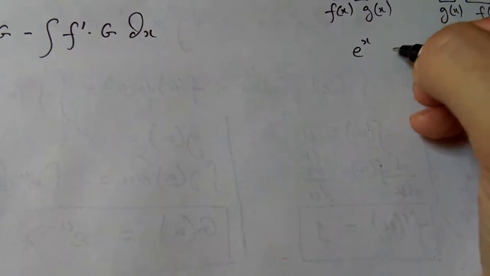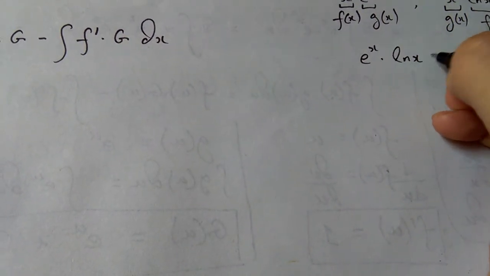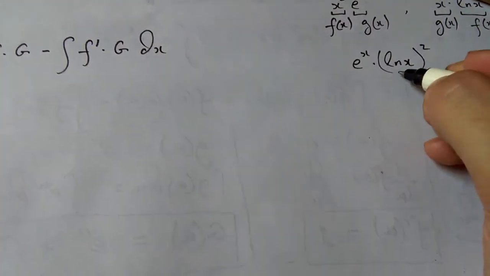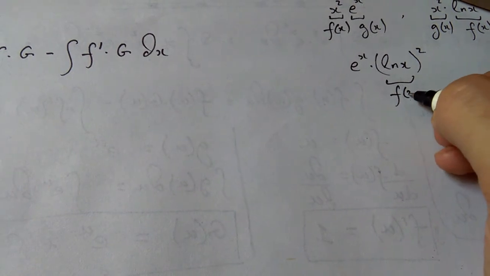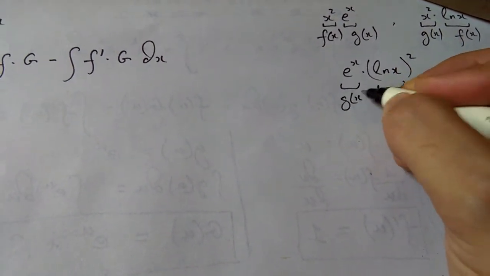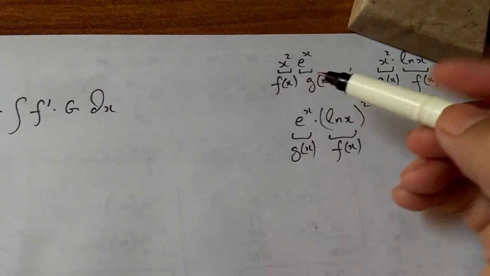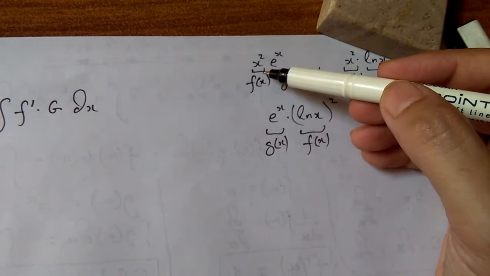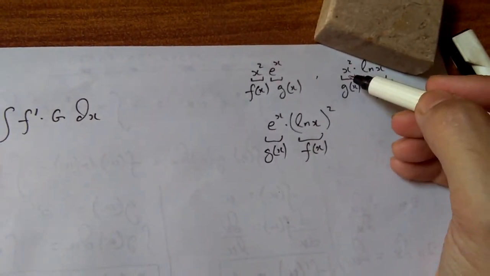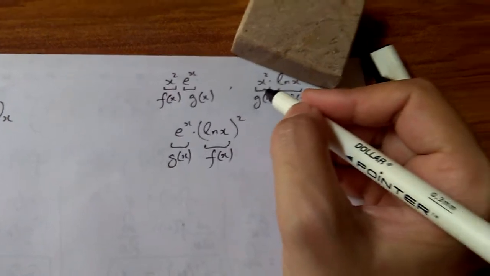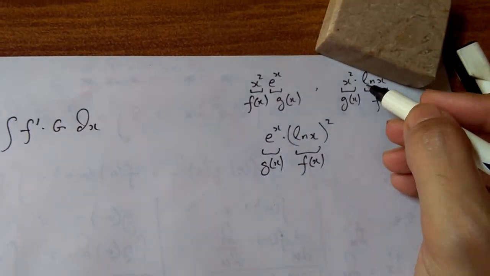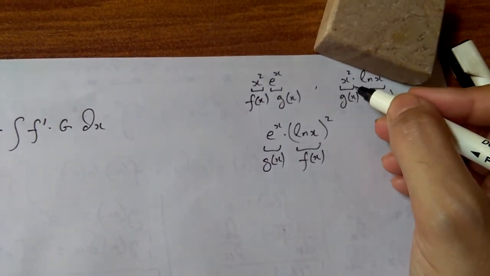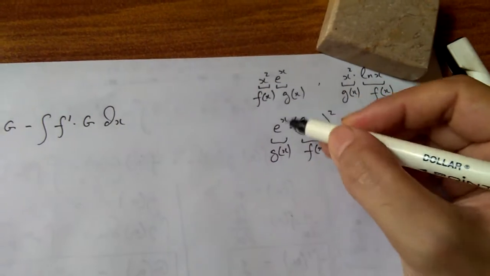If the integrand is expressed as the product of an exponential and a logarithmic function, something like this, I'm just giving you options, you are going to take obviously this function as your f of x, and this one is going to be your g of x. So remember, if you have a polynomial and e to the x, take the polynomial as your f of x, and if the polynomial is in the integrand along with a logarithmic function, then take the logarithmic function as your f of x and the polynomial as the g of x. Just keep these tips in your mind.